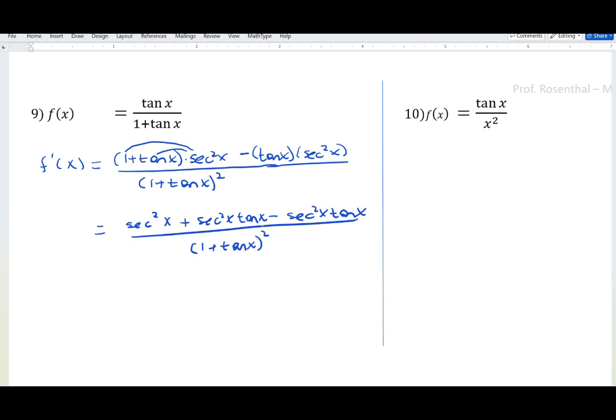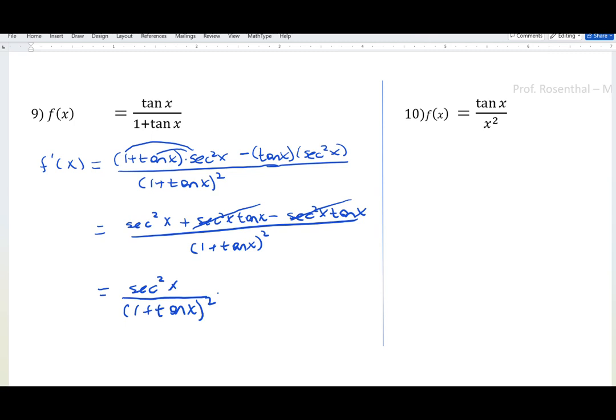And do you see a simplification now in the numerator? Do you see the plus and minus are the same term, right? Secant square tangent plus and minus, so those cancel. So our final answer will be secant square x all over quantity 1 plus tangent x to the second power.